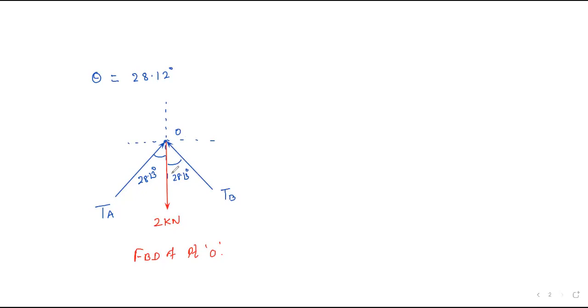Before that I will ask you one question. If this angle is 28.13 degree, what will be this angle with horizontal? Can you find out these two angles? It will be same.